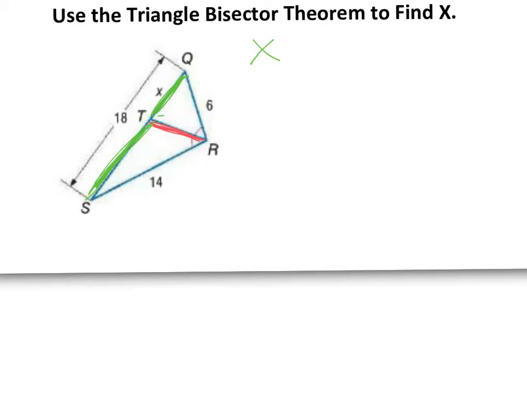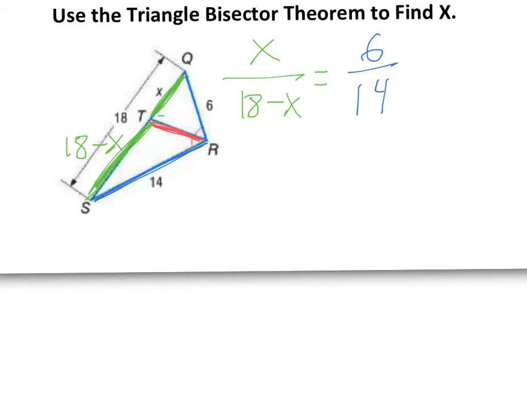We know the whole thing is 18, so we're going to take 18 and subtract x from it. And that's going to be the other side. Now that's going to all be proportional to this side, which was 6, over this side, which is 14.